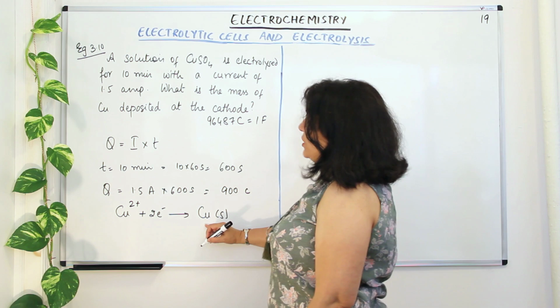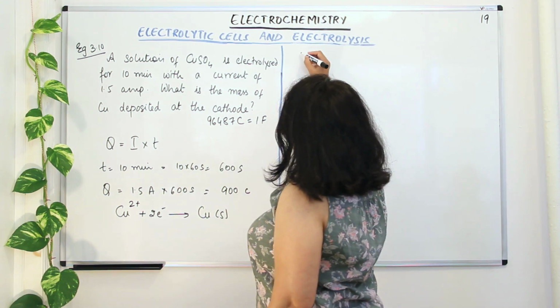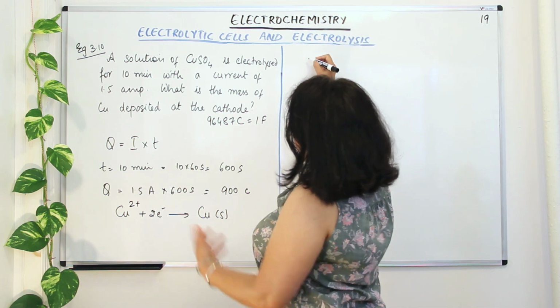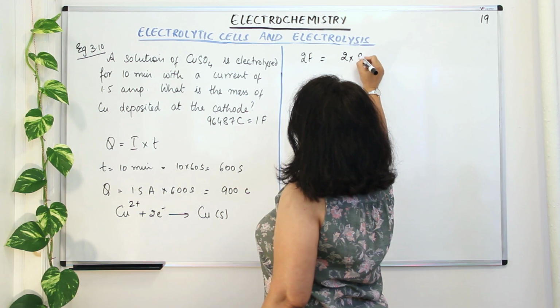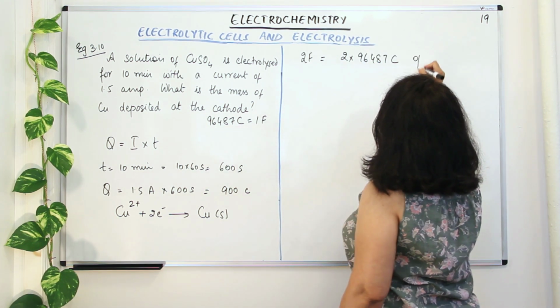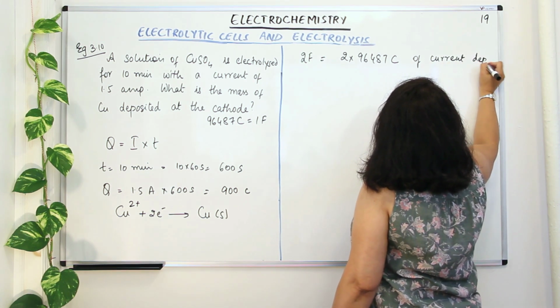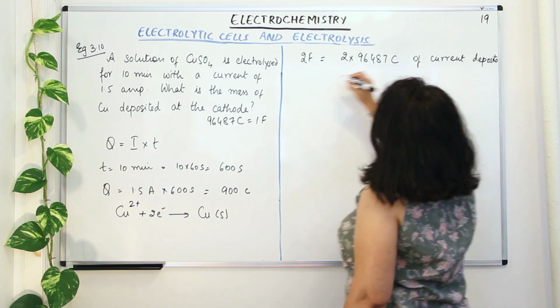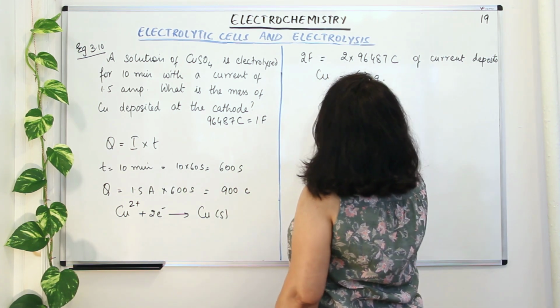So we say for the deposition of 63 grams of copper, 2 Faradays, which is equal to 2 into 96487 coulombs of current, deposits copper equal to 63 grams, right?